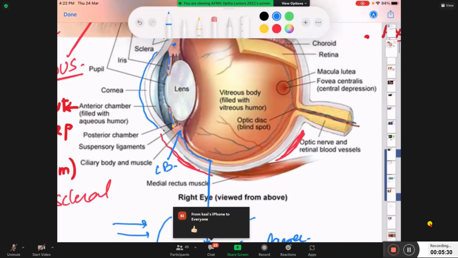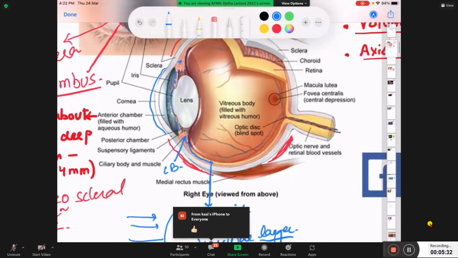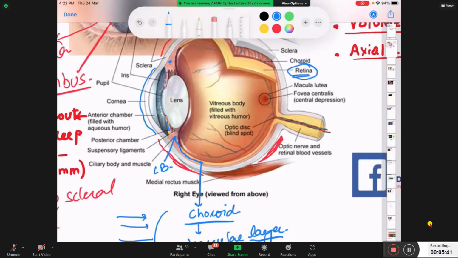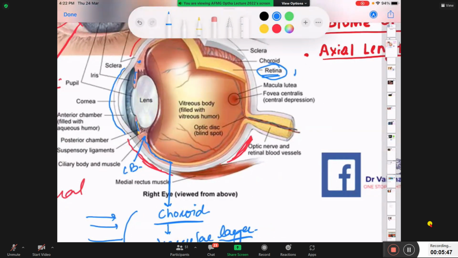Now coming to the innermost layer of the eyeball. If you cut the section, this innermost layer is called your retina. This is your retina. This retina is also called the neural coat of the eyeball because neuro means it has something to do with your nervous system.